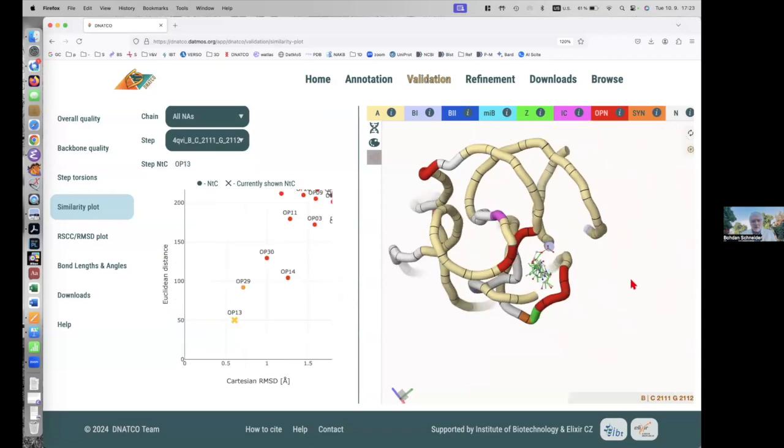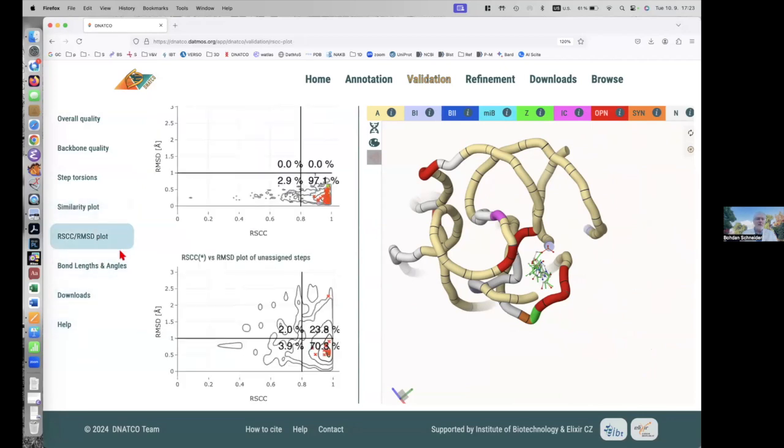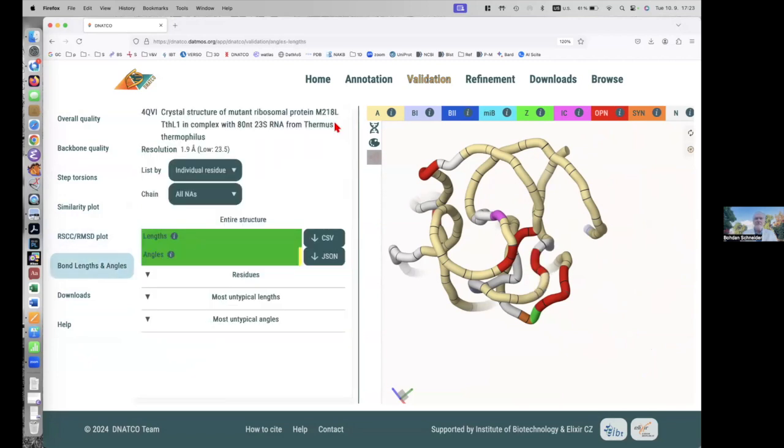Well, I tried this one. No, it works. I clicked on the red one and it shows this OP is open 13. That's the selected one, and you see that it's actually quite unique, all other guys are pretty far. This is our RSCC RMSD plot I was talking about, distances and angles.